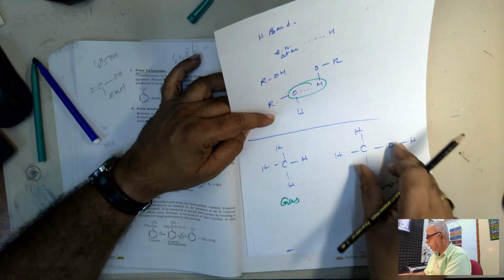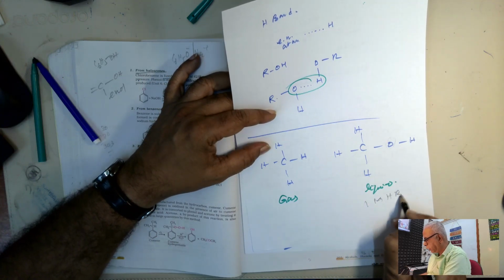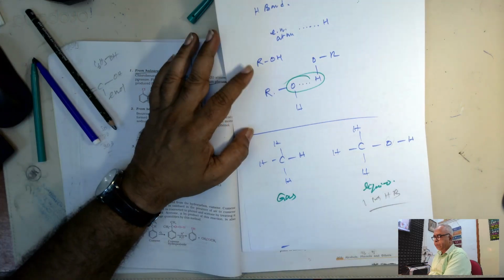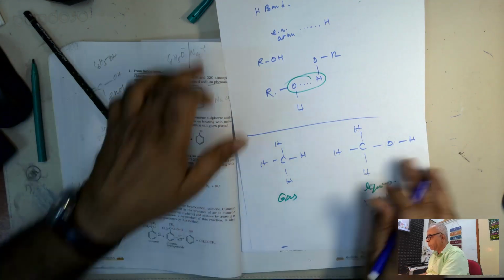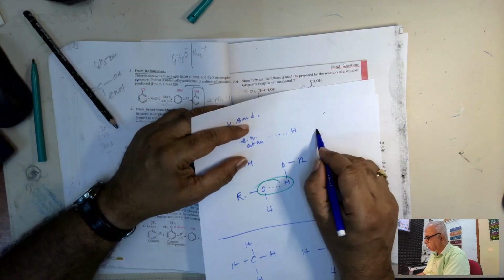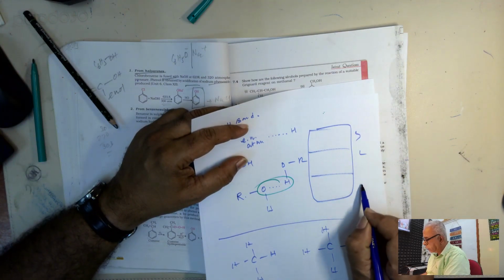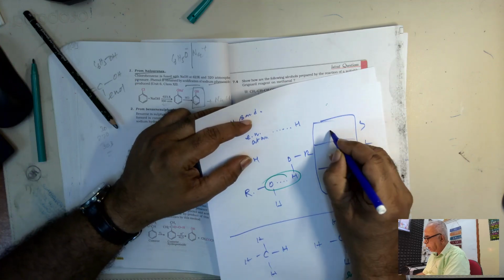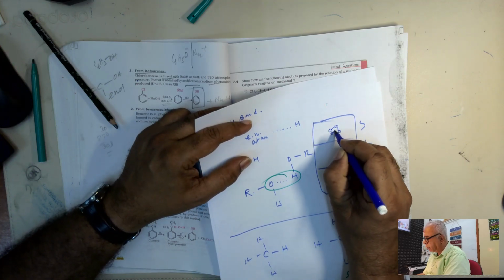Whereas here it involves intermolecular hydrogen bonding. Let me consider three boxes: this is solid, this is liquid, this is gas. In the case of solid, the intermolecular force of attraction is very, very high.